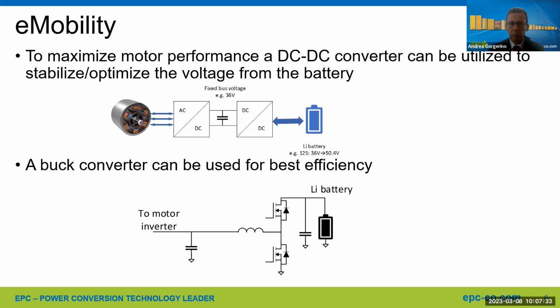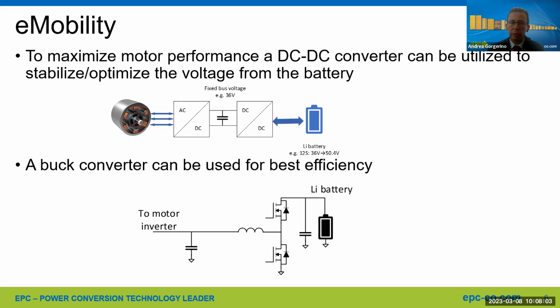And the standard way to do this, you have a battery, 48 volts, 36 volts, depending on the power level, very common, maybe 70 volts, as I mentioned here. And then you have a motor that's connected to it. What this means is that in normal conditions, the performance of this e-bike or whatever e-mobility device you're using will depend on the state of charge of your lithium-ion battery, because the voltage will change.